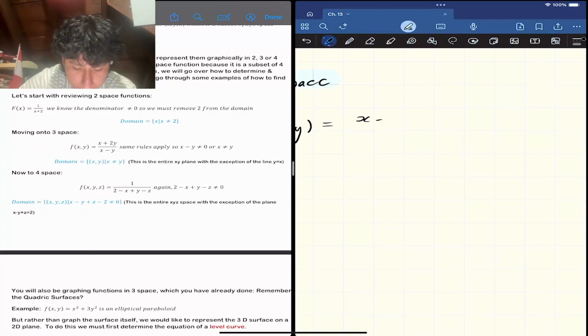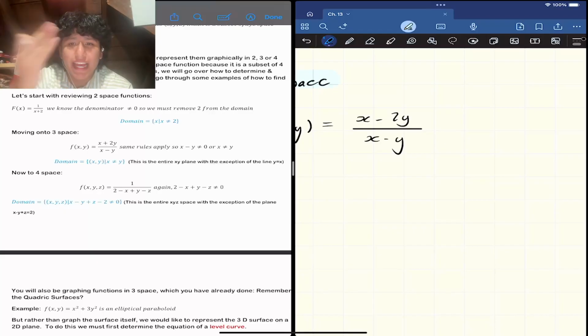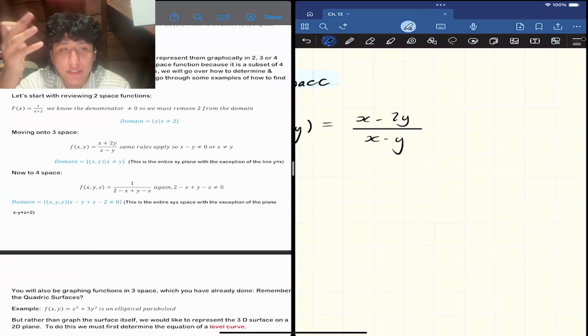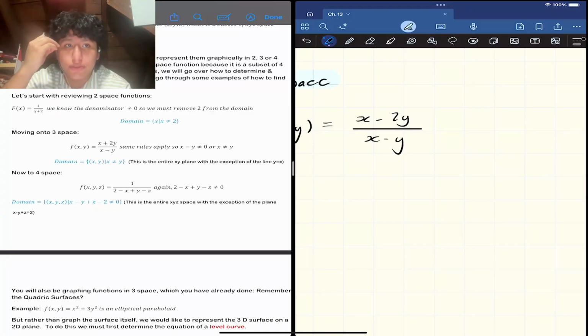So in this case, x plus 2y over x minus y. So this is probably going to be more complicated because x and y can't cancel each other out, because for example, if I chose the point 3, 3, x equals 3, y equals 3, they would cancel out and give us 0 in the denominator.